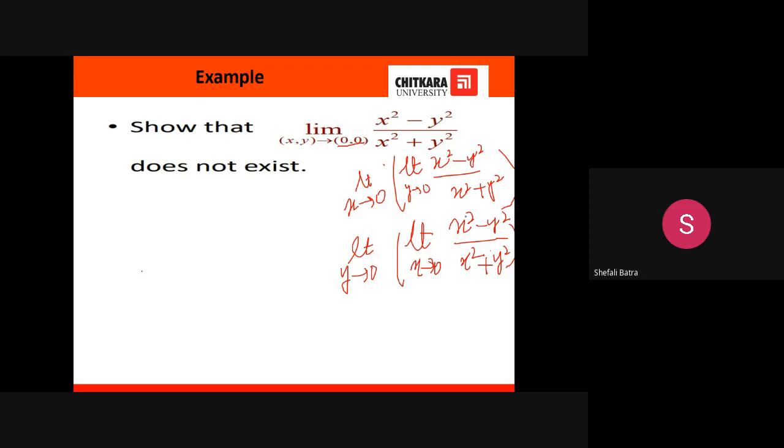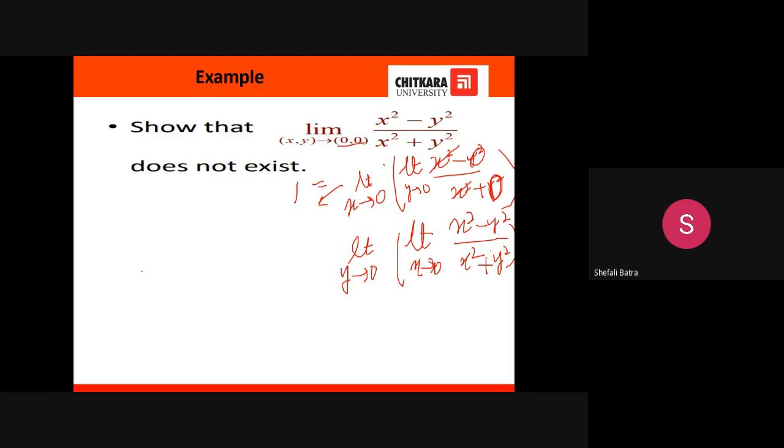तो paths हो गए. First we are putting y approaches to 0 and then x approaches to 0. Now you need to evaluate it. Limit y approaches to 0, तो आपने क्या करना है, y की जगह 0 पुट कर दिया आपने. Right? Now what it would become, x square upon x square, and that would cancel out. So the value of this limit would be 1.